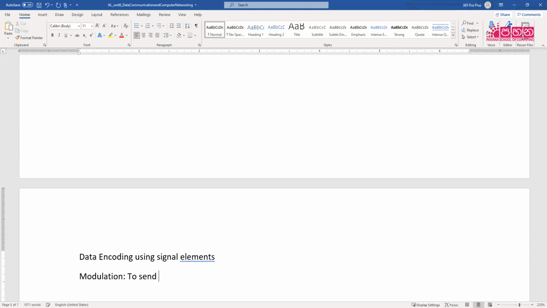To send data from one point to another, we want to send data from one point to another.